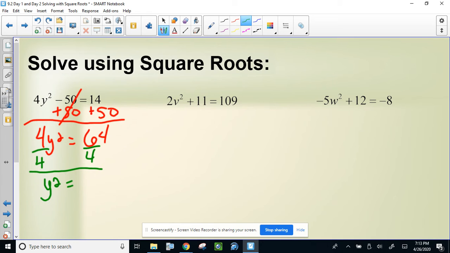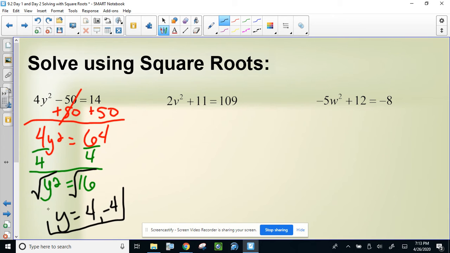So I undo addition and subtraction first. And then I undo multiplying and dividing. And then I'm going to undo my exponent. And so that would give me my square root. So I would have square root of 16, which is 4, or negative 4. So you're just going to have your two answers there. Nothing crazy. And that's really all there is to it. You get two possible answers.